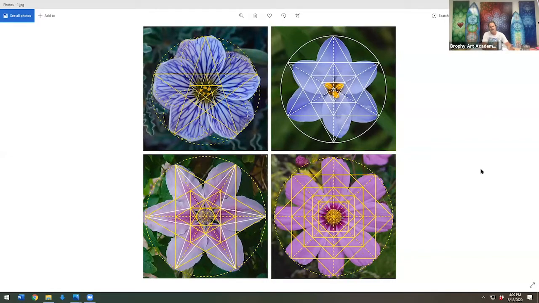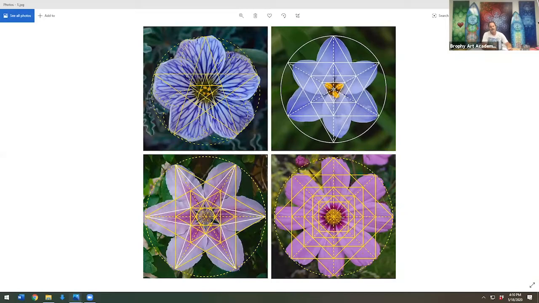It's not necessarily that you have to do this every time for every painting, but it gives you an insight on how things are constructed in nature so that you know how to draw them and how they should look. And once you see these underlying blueprints, it makes it easier for you to create things. Can you see if you can scroll through a few of these?